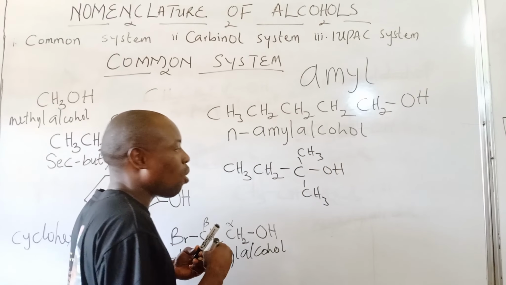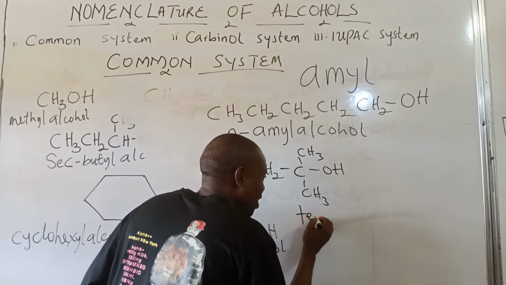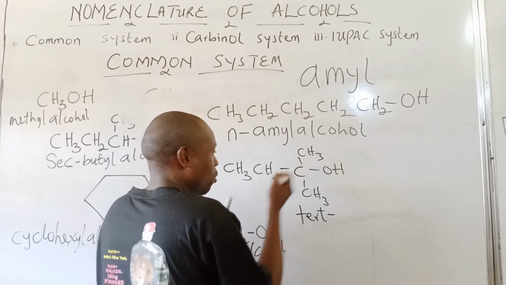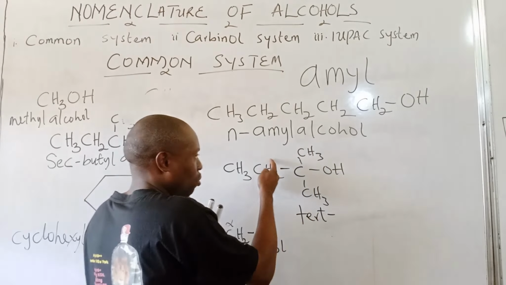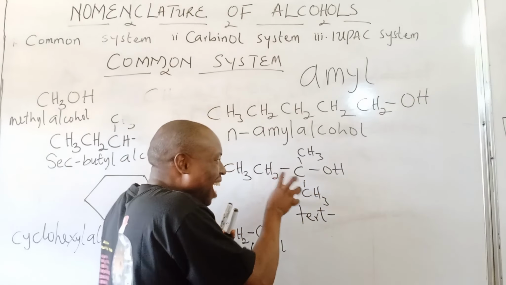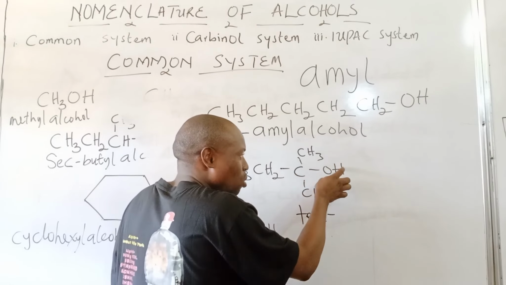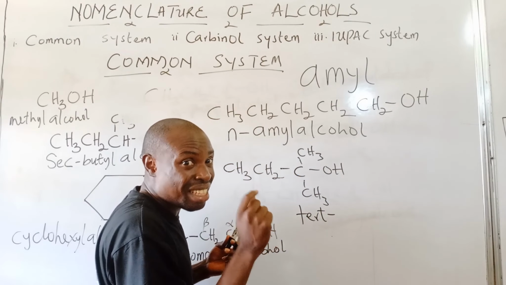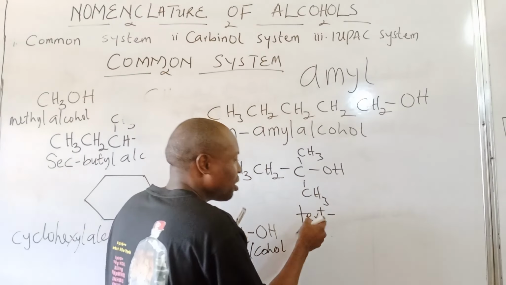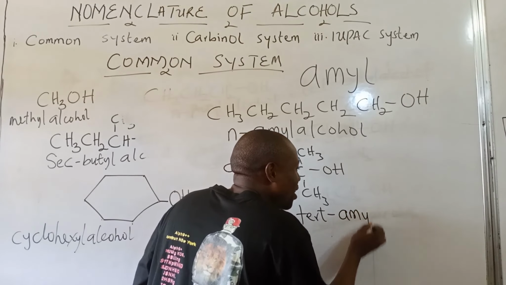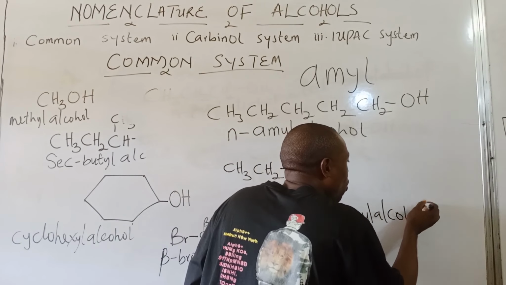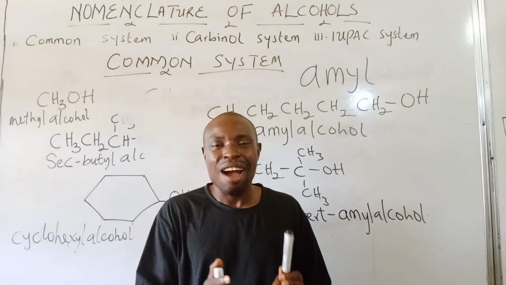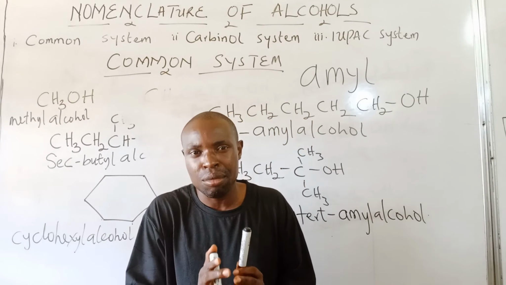This one can also be called tert, which is t, a tertiary alcohol, because one alkyl group, two alkyl groups, three alkyl groups are attached to the carbon carrying the hydroxy group. Any other one that is not attached to the carbon carrying the hydroxy group should not be regarded as a tertiary alcohol. So tert-amyl alcohol. On that very note, this ends our nomenclature of the common system of alcohol.